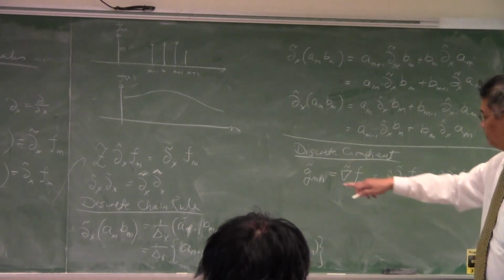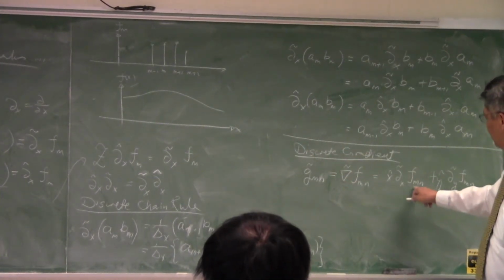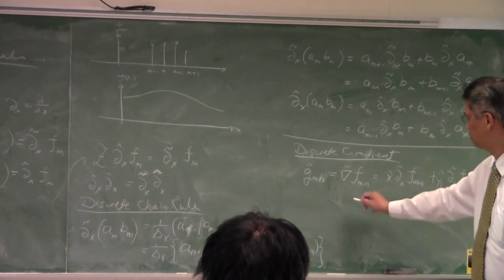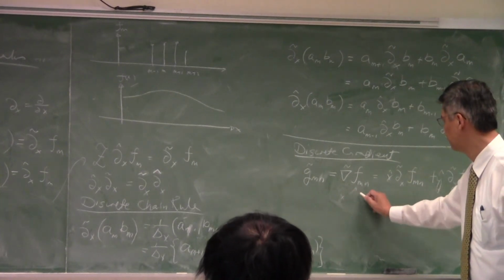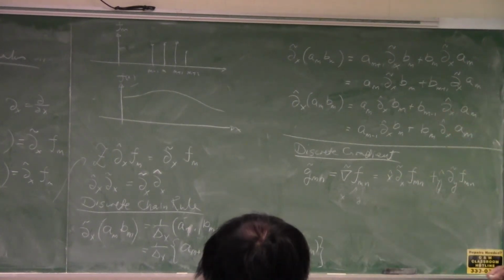When I do this, I just apply the one-dimensional rule that I have. And m stands for x and n stands for y in the discrete world. And I just apply that in a straightforward fashion.